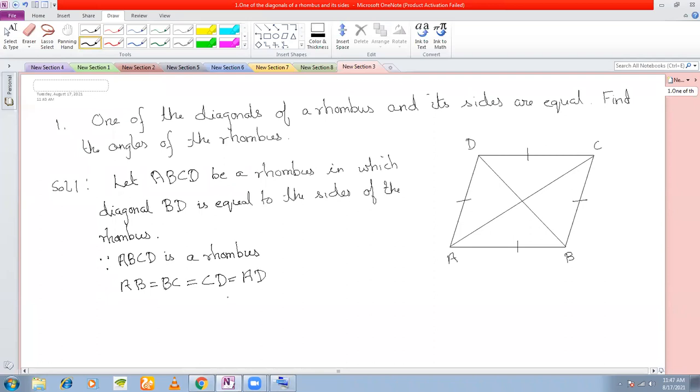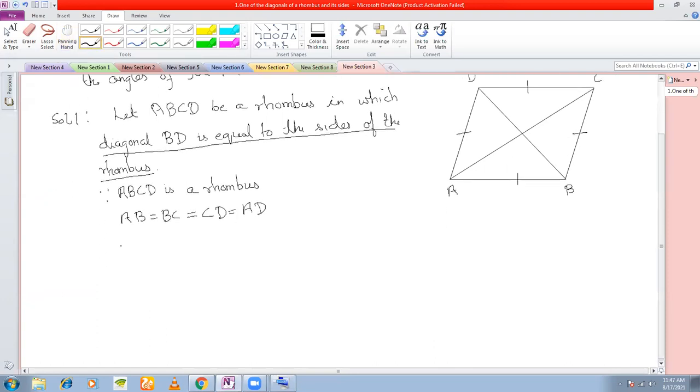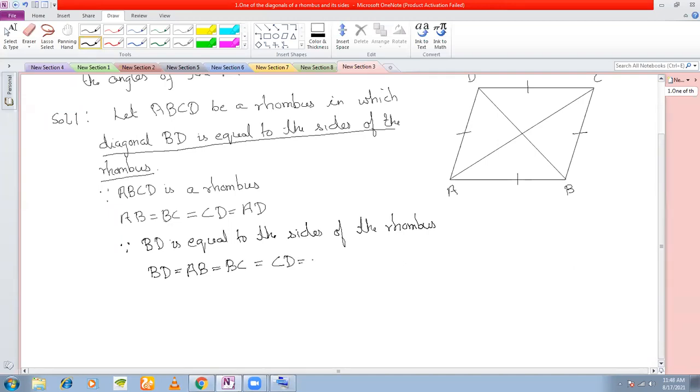Now also you see that according to the question, the diagonal BD is equal to one of the sides of the rhombus. That means since BD is equal to the sides of the rhombus ABCD, therefore BD must be equal to the side AB, must be equal to the side BC, must be equal to the side CD, must be equal to the side AD.